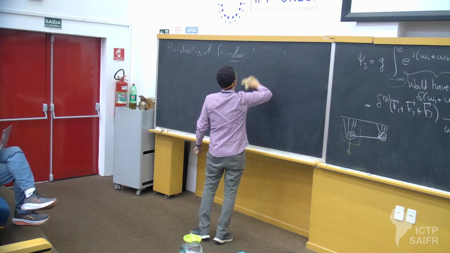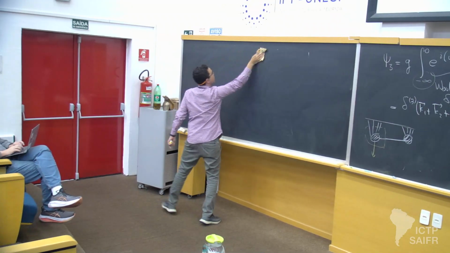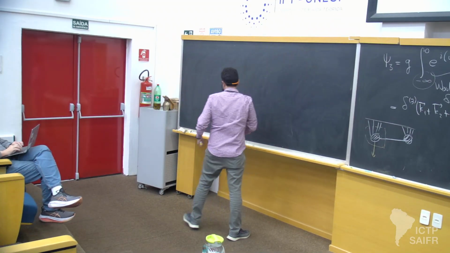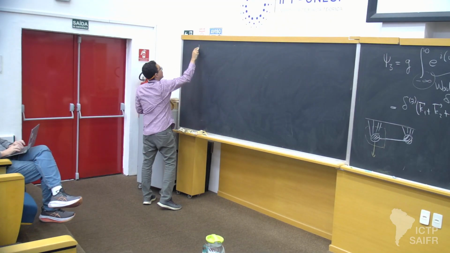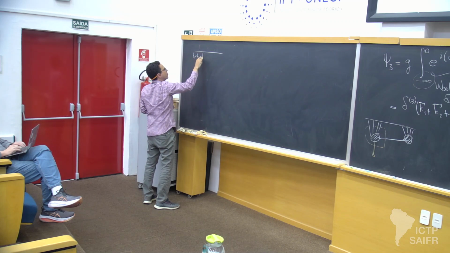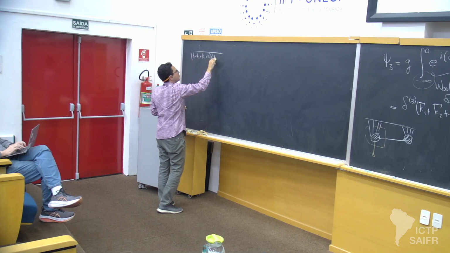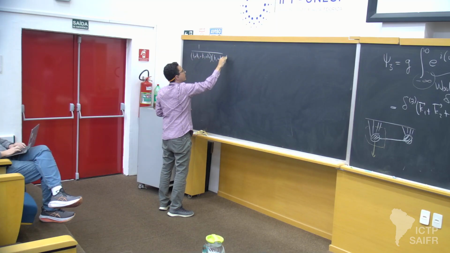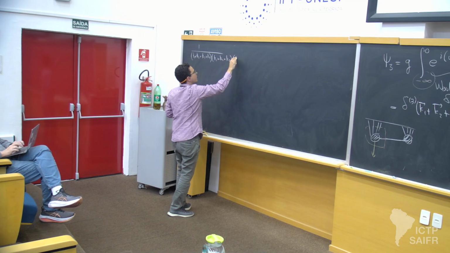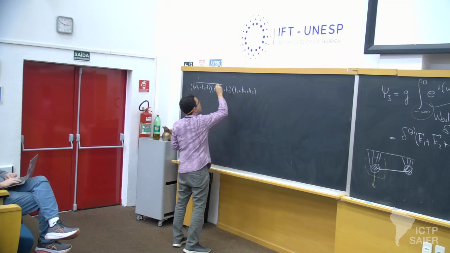Let me go to massless particles, okay? So omega equals k. So again, this is 1 over k1 plus k2 plus k3 plus k4, k1 plus k2 plus k intermediate, k3 plus k4 plus k intermediate.